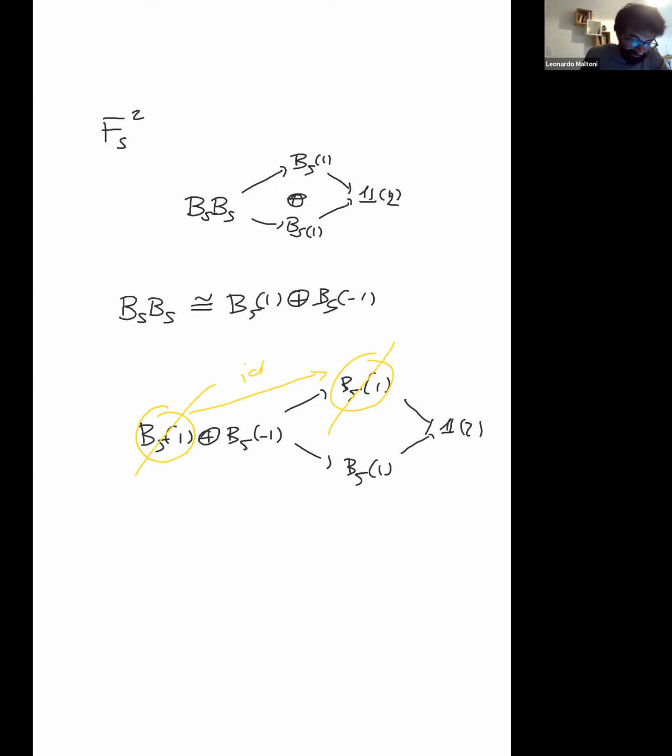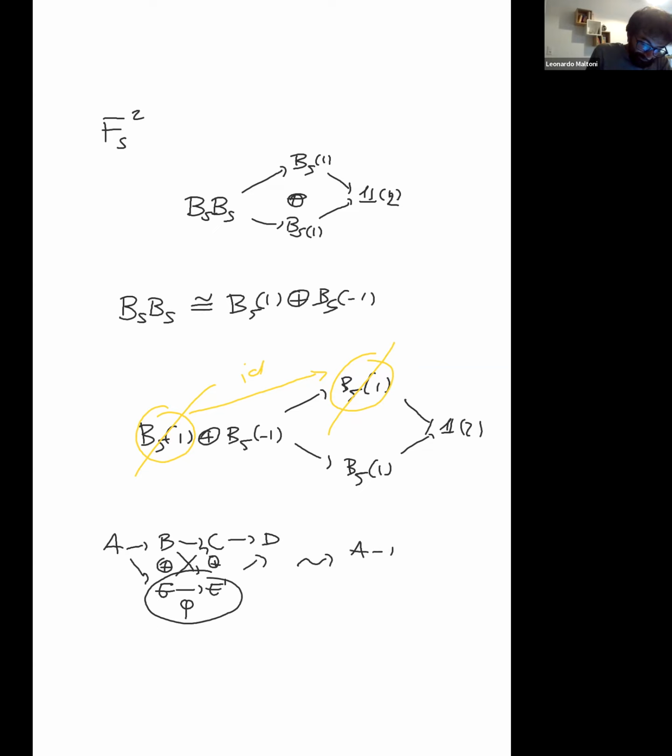There is a technique in general: if you have complexes of this form, where the morphism from E to E prime is an isomorphism, then you can get rid of that and just obtain A to B to C to D with a modified morphism from B to C. You can get rid of two isomorphic elements, and you can repeat.